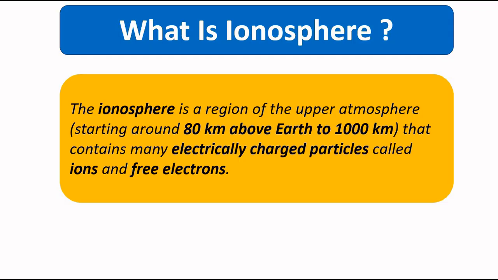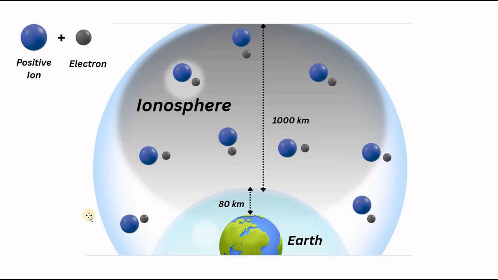And as the name suggests, it consists mainly of positive ions and free electrons, and that's why it derives its name from that. As it contains a lot of positive ions and free electrons, this entire spherical region surrounding the earth from 80 kilometers to 1000 kilometers is called the ionosphere.